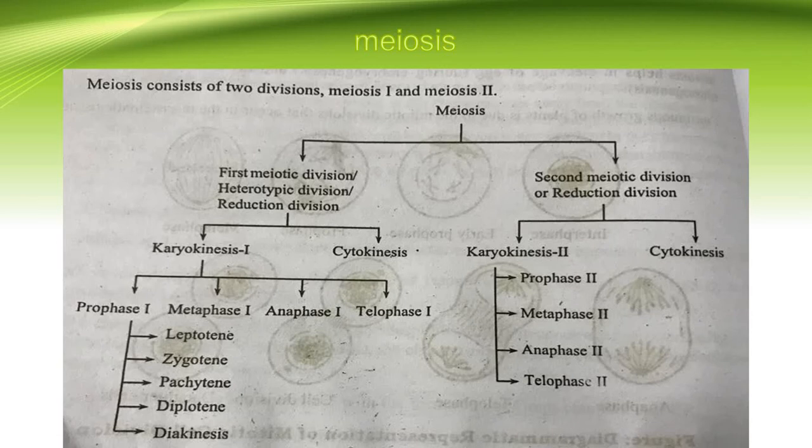As 4 daughter cells will be formed at the end of meiosis, you can see here meiosis 1 and meiosis 2, resulting in the formation of 4 daughter cells. As in the case of mitosis, just now we have seen only 2 daughter cells. So this is about meiosis.